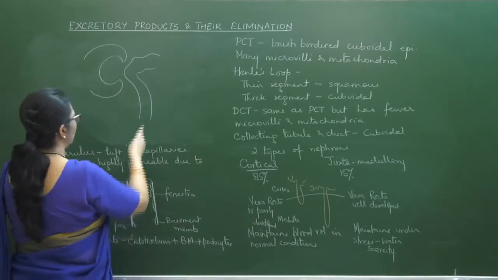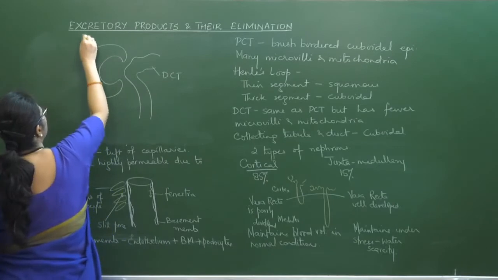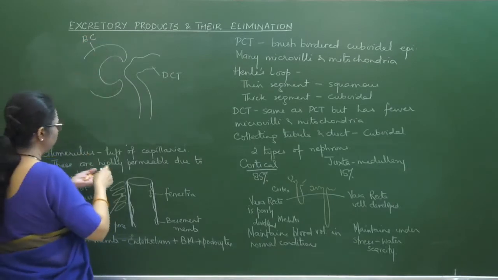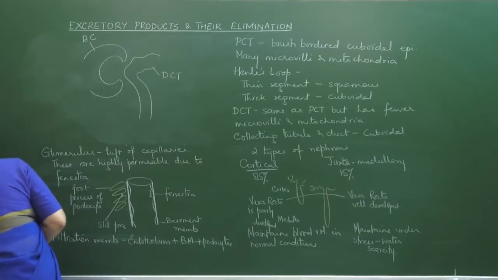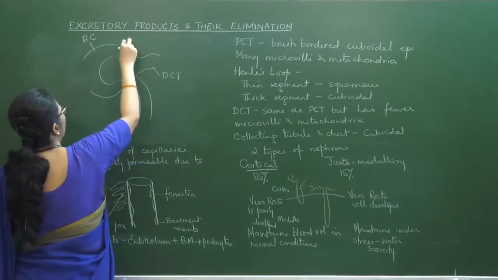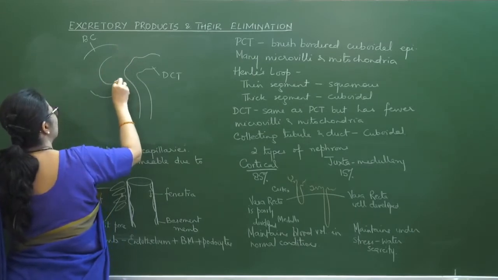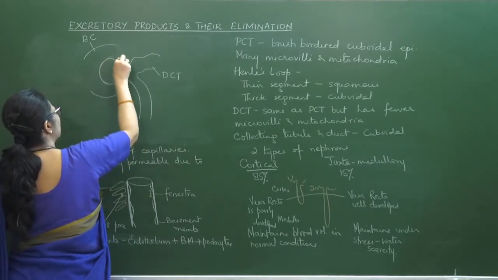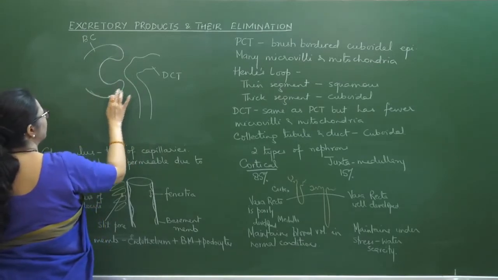Okay, so let us just mention this is the DCT. This is of course the Bowman's capsule. Okay, and here from one side, I'll just make it a little smaller. Okay, so this is the Bowman's capsule here.